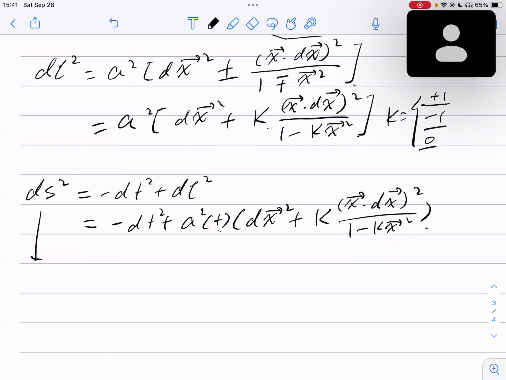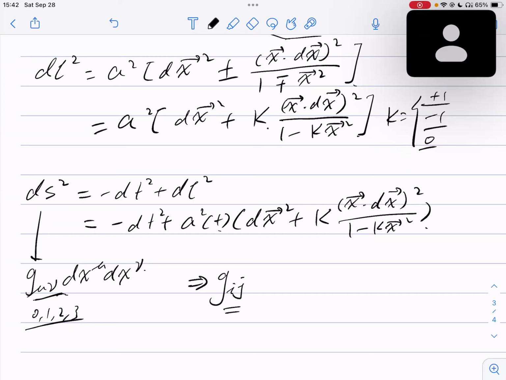Notice that ds squared can be written as g mu nu dx mu dx nu. In this case, we can write down the g ij. Notice that if I use Greek indices, it ranges over 0, 1, 2, 3, and can represent time t.